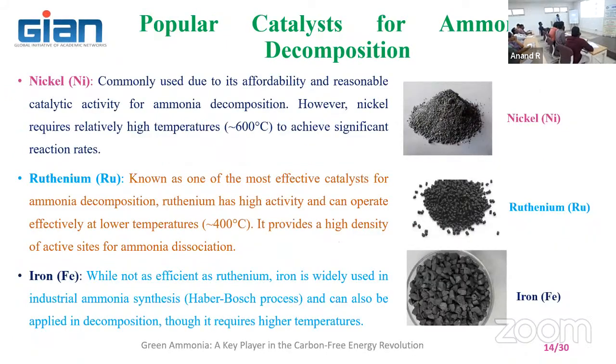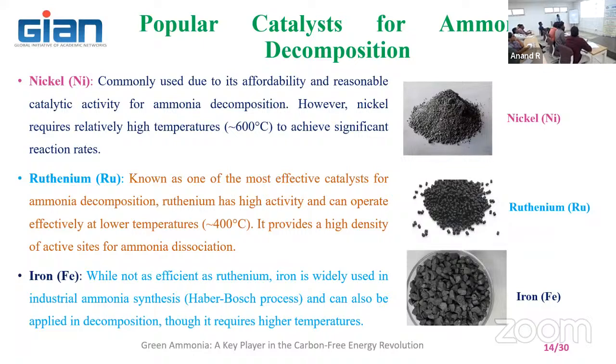So they are using different types of catalysts. A few we have listed: nickel, ruthenium, iron, to minimize the activation energy so that you can do the dissociation process at minimum temperature. They go for nickel due to its affordability and reasonable catalytic activity for ammonia decomposition.